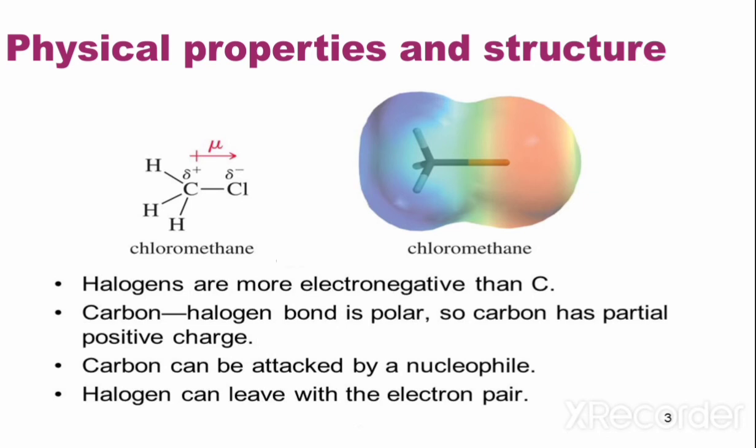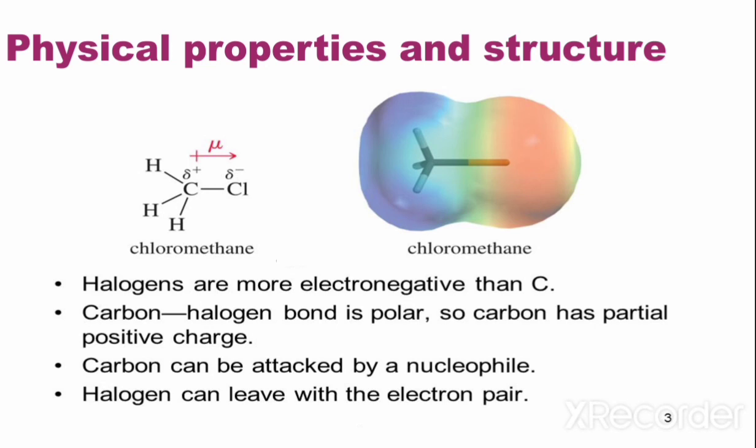So the first physical property is that halogens are more electronegative than carbon, and due to this, the carbon-halogen bond is polar. Carbon will contain a partial positive charge and chlorine will contain a partial negative charge due to the high electronegativity difference.